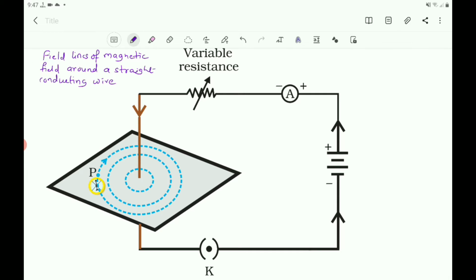Here this is the plug key. And what is the battery? This is the battery. Draw a neat labelled diagram to show the field lines of magnetic field around a straight conducting wire. This is the pattern of magnetic field lines around a straight conducting wire.